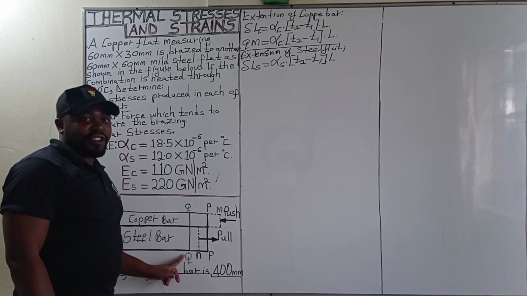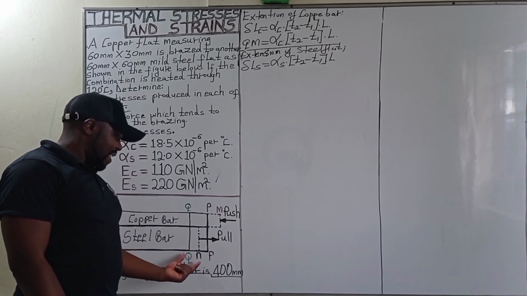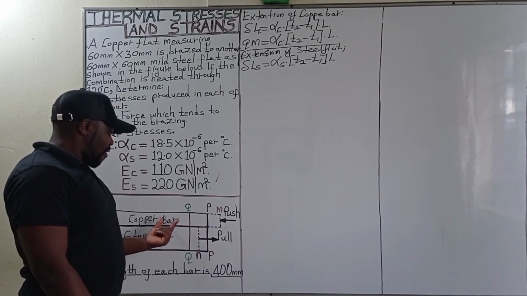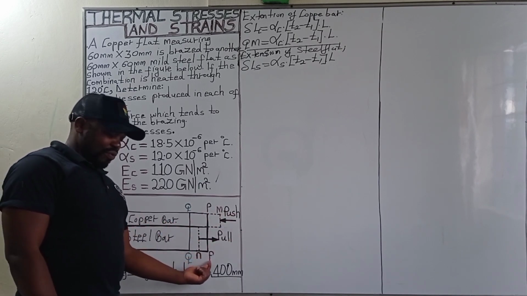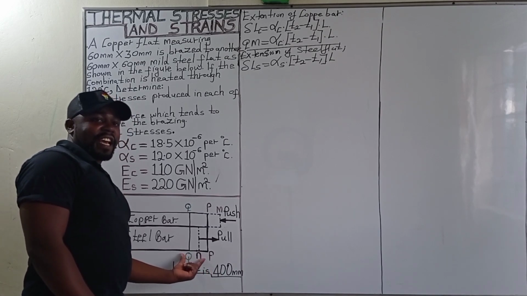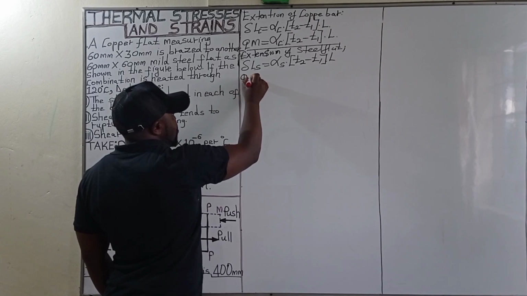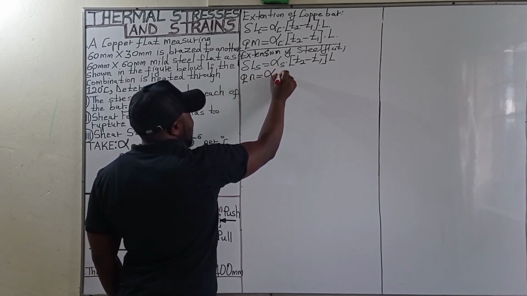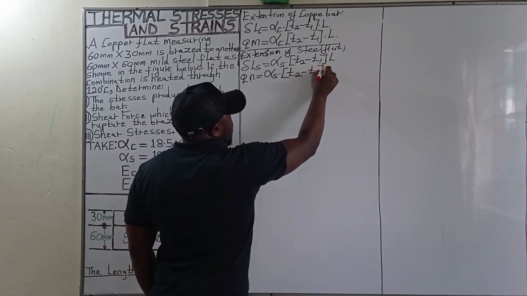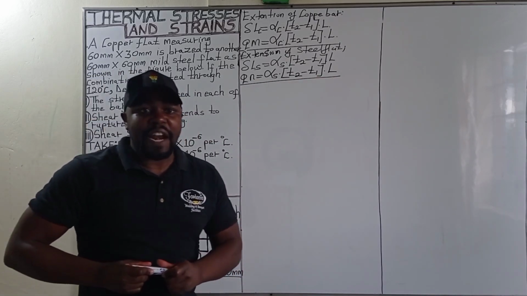The increase in length of the steel bar will be the distance Q to N. This is the pull due to the extension of the copper bar to the point of stability. So QN equals the coefficient of linear expansion of steel times change in temperature times the length. Those are the extensions of those two flats.